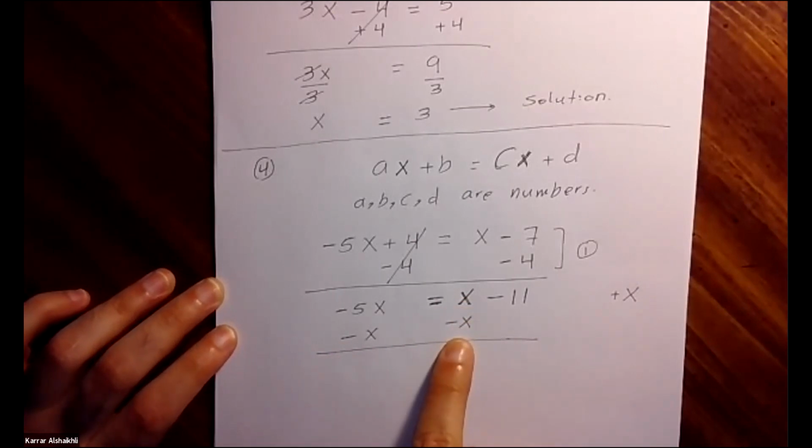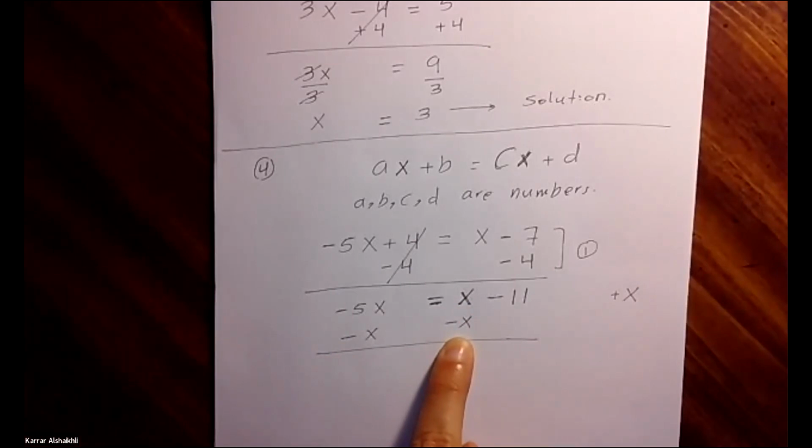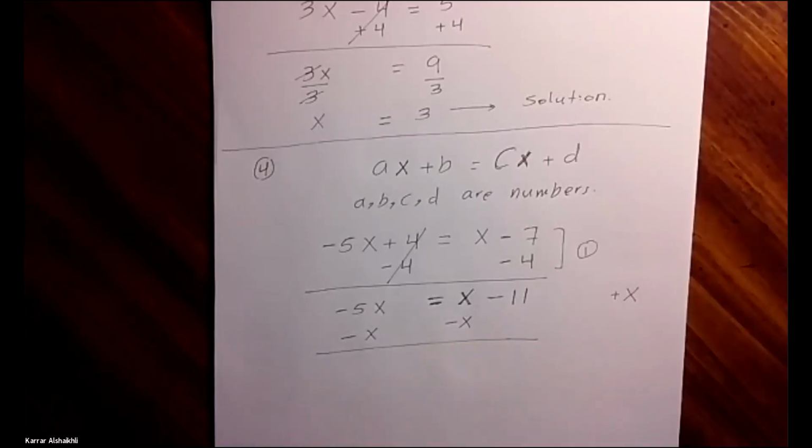x minus x, how much is it going to be? If you have an x and I'm going to take from you an x, what's the leftover with you? Nothing.